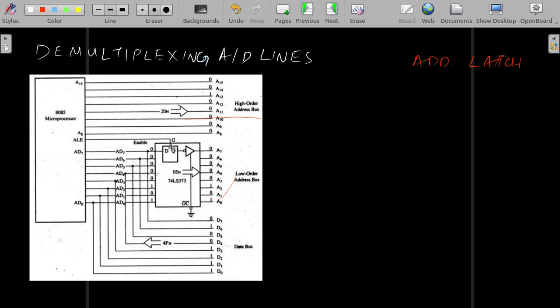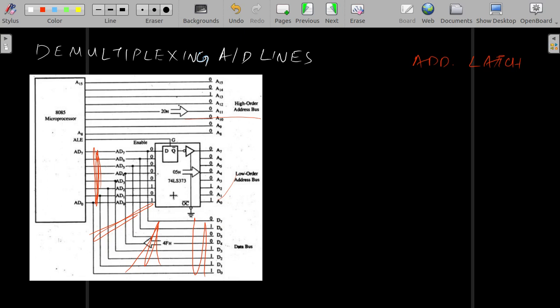Whatever data was here is fixed here and won't change again. Then from the next cycle onwards, these lines act as the data bus, and that changes, reflecting here, right?